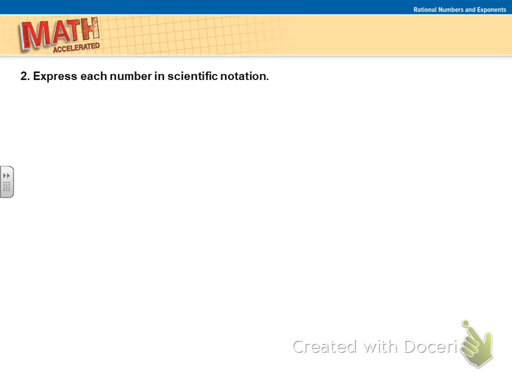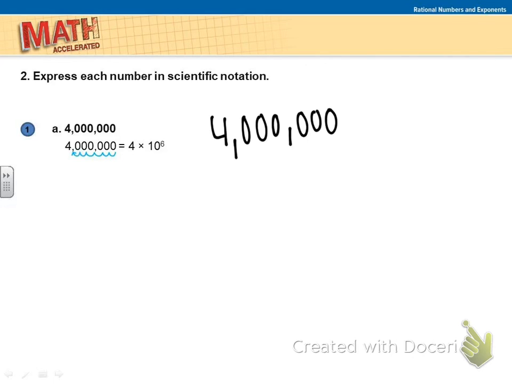All right, now it says to express each number in what? Scientific notation, okay? So now they're going to give it to us in standard form, and they're going to want us to put it in scientific notation. I'm going to show you. So what's our number right here, Christian? We have 4 million, right? So we're going to have to put this in scientific notation. So where's our decimal? It starts behind the number, right?